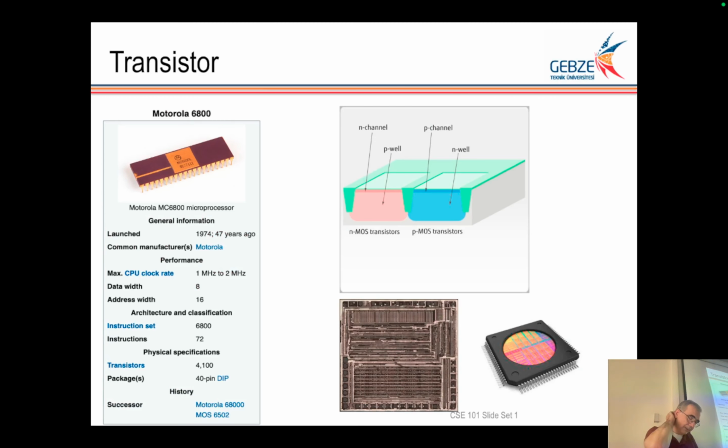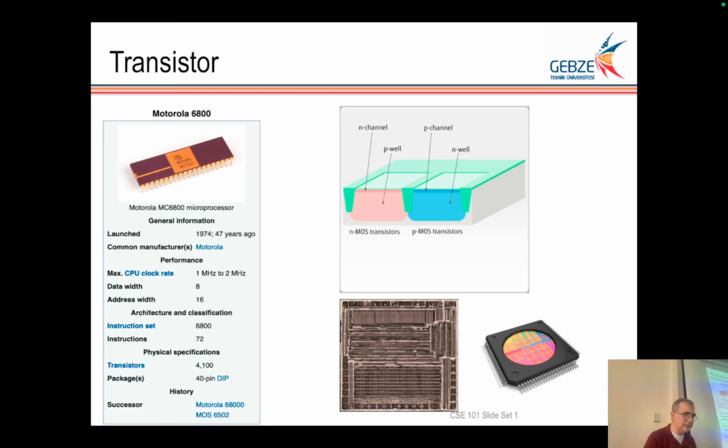So this is P and N. Typical view of the chip is like this.